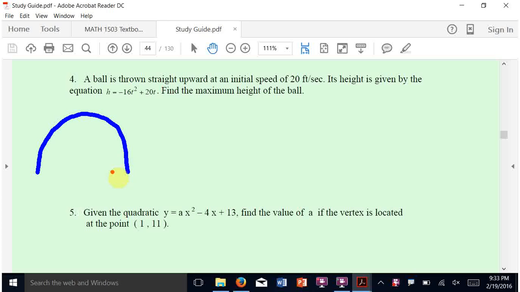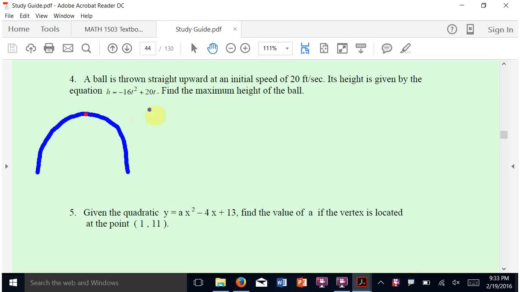Okay, so they want us to find the maximum height of the ball. Well, what is that? What they're asking for is simply the vertex point. Okay, so how do we find that?